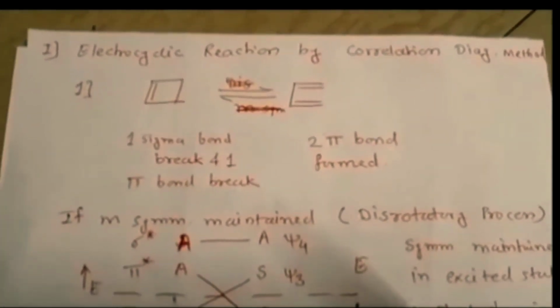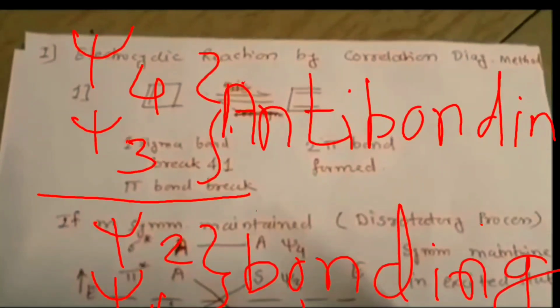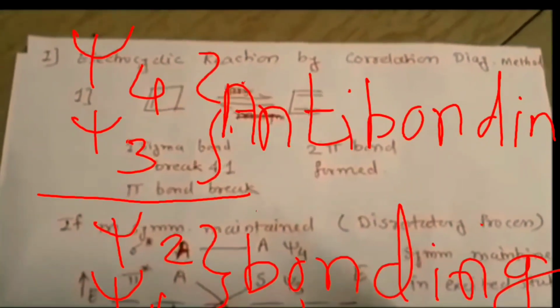Friends, as you know, with one bond, two molecular orbitals are involved. For example, one sigma bond means sigma bonding and sigma anti-bonding molecular orbital. One pi bond means pi bonding and pi star anti-bonding molecular orbital. Whereas 2 pi bonds means 2 bonding molecular orbitals and 2 anti-bonding molecular orbitals, which we describe as psi1, psi2, psi3, psi4. So psi1 and psi2 are the bonding molecular orbitals, whereas psi3 and psi4 are the anti-bonding molecular orbitals.